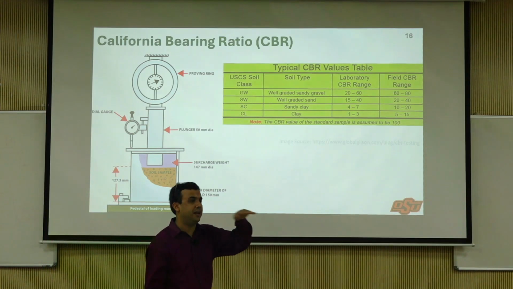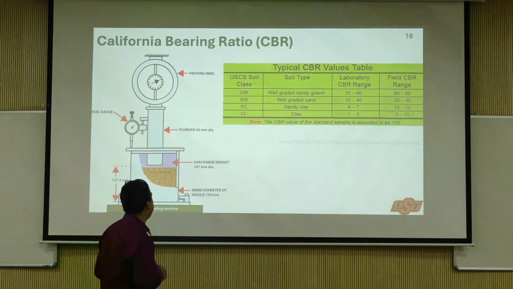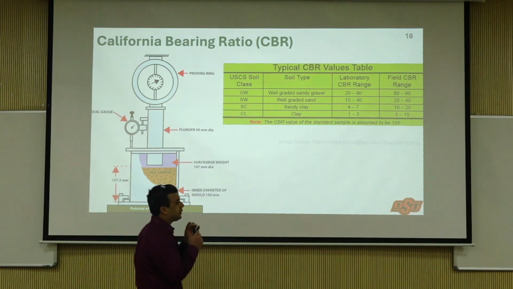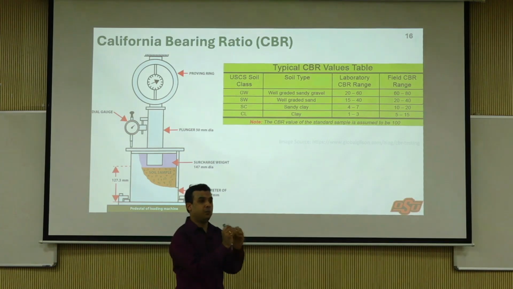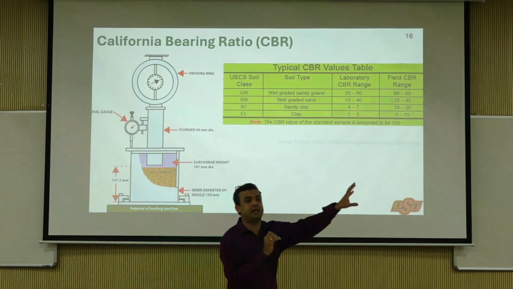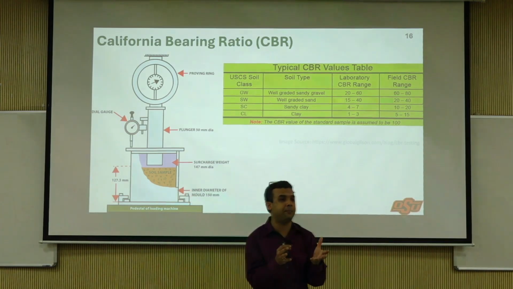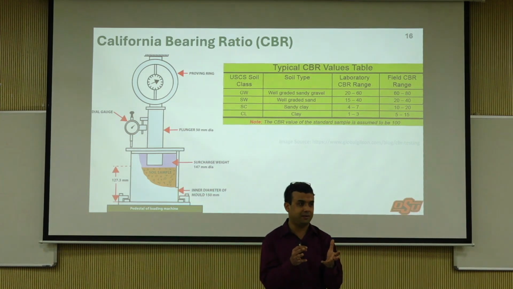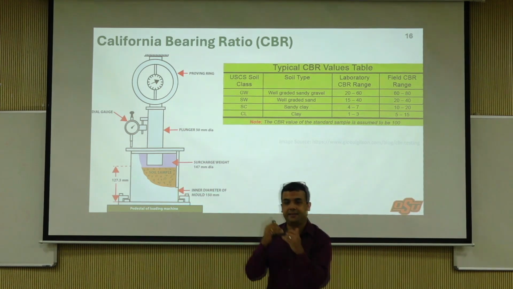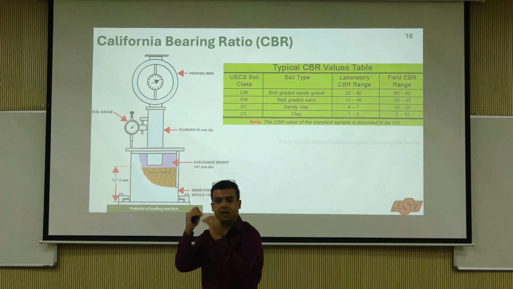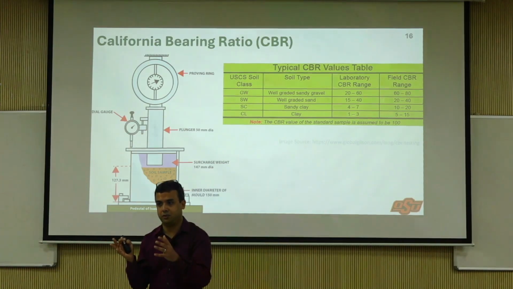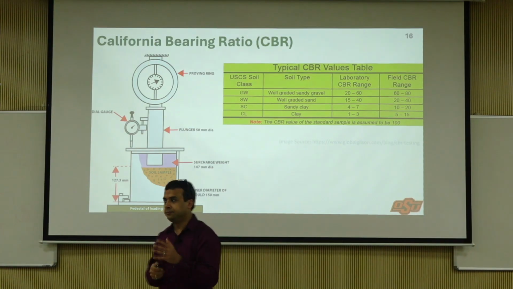At those values I measure the pressure and compare it with the pressure I measured when I tested my magical aggregate. That ratio is the California Bearing Ratio.